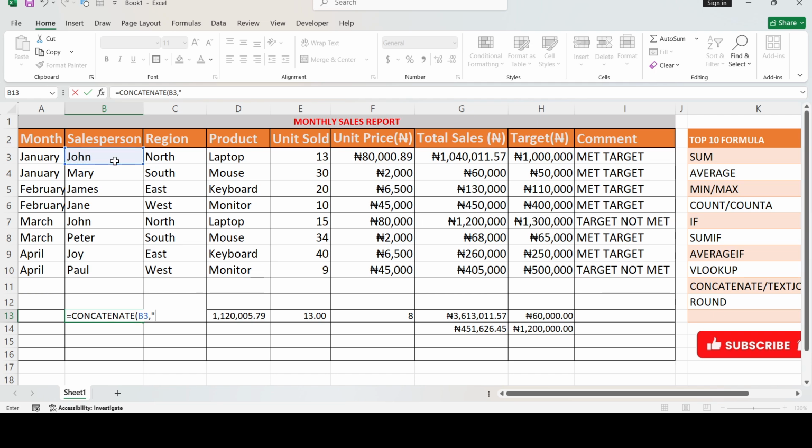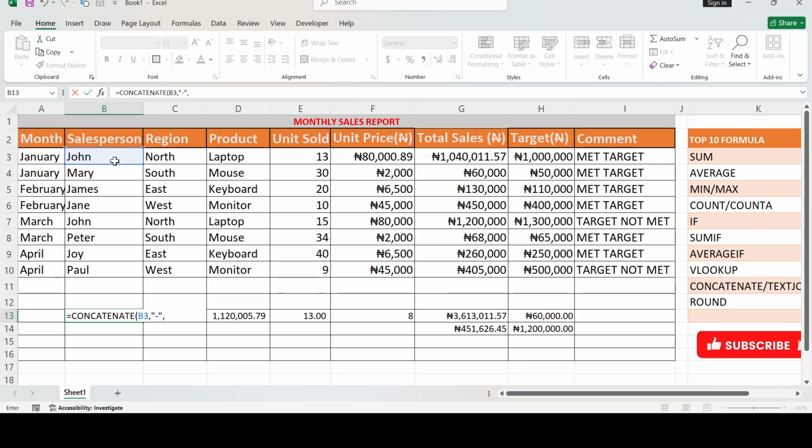We are not telling you to just add up this name and the month and the region, but to demarcate it with a symbol. If you use comma there, open bracket, this place, this place, you have to tell it the text you want it to concatenate with.